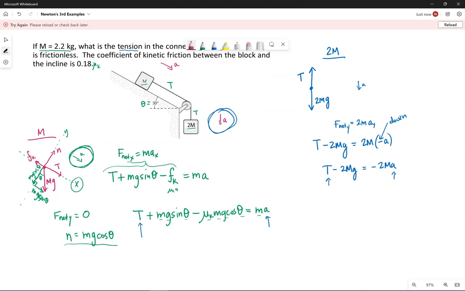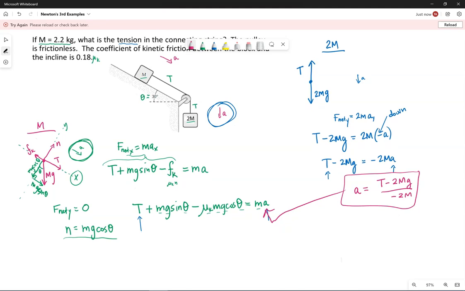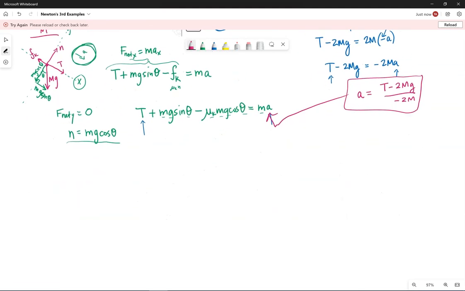If I solve for A, let's see, I get tension minus 2mg over negative 2m. If I take this and put it in for A over here, we're going to end up with tension as our unknown. And then we can solve for the tension, which is what the problem is asking us for.